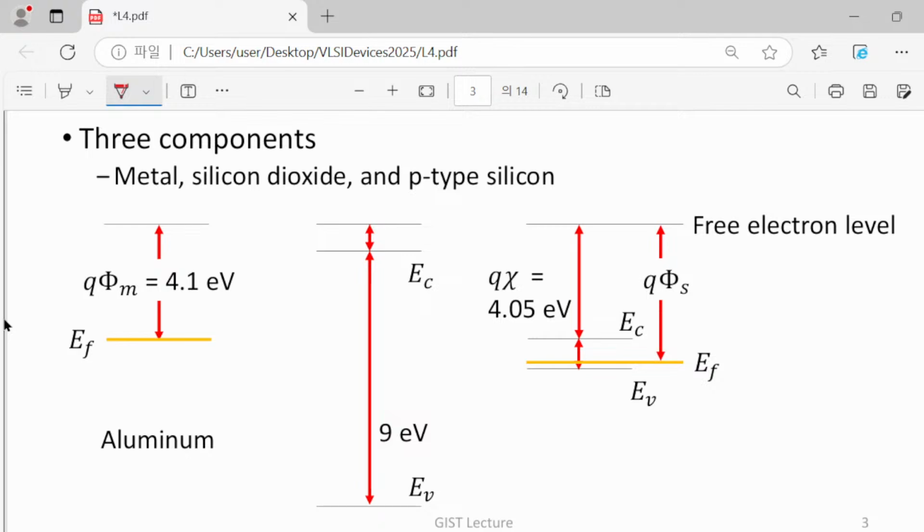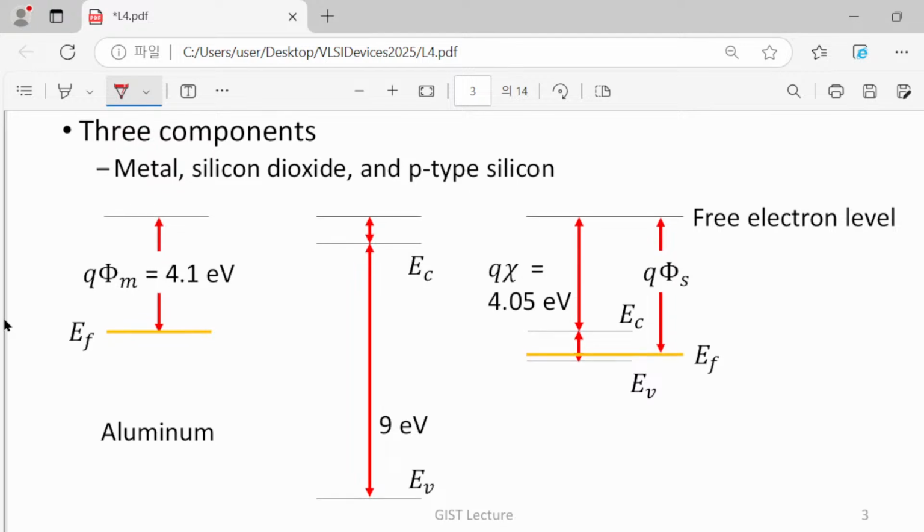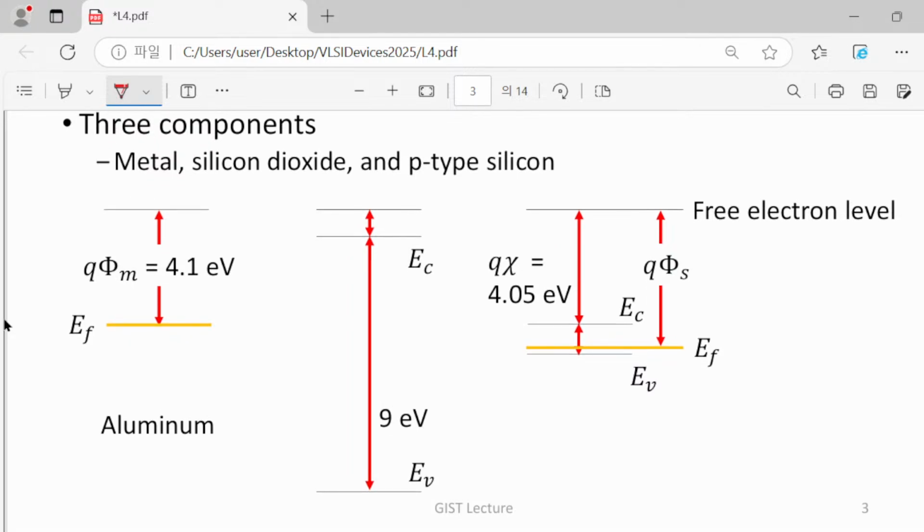Here we have 3 different parts in our MOS system. This is metal, here we have oxide, and this is semiconductor, in this case silicon. Here we have an example of aluminum, which has a work function of 4.1 electron volt. However, nowadays aluminum is not used any longer.